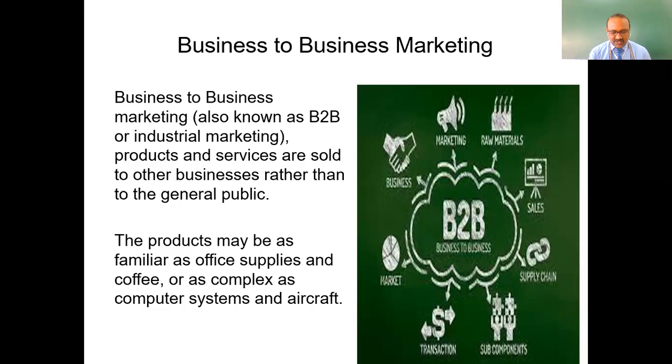All of that is used as part of the production process, whereby using the software, the computers, and the lubricants that operate a machine, the tons of steel and aluminum run into your machinery and come out as finished commodities, and only a finished commodity is sold to a consumer. So the products may be as familiar as office supplies and coffee, or as complex as computer systems and aircraft.